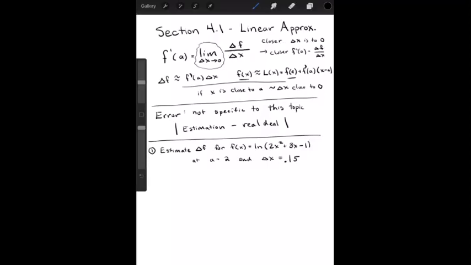So if we look at this, we have a formula right up here that tells us that if we're looking for delta f, it's really close to that formula there. So we pick that up. And estimating means that those wiggly equal signs are okay.